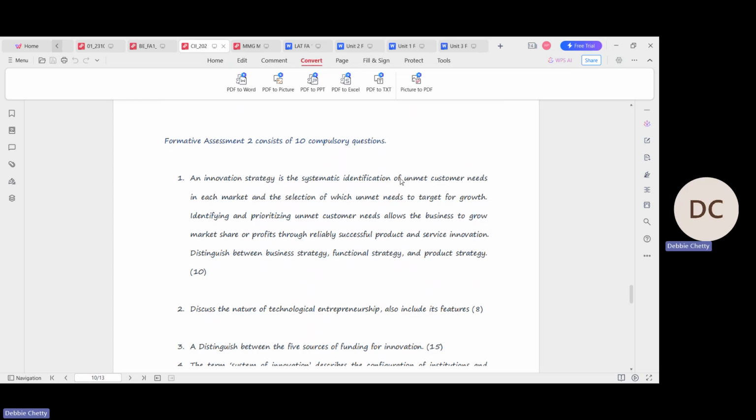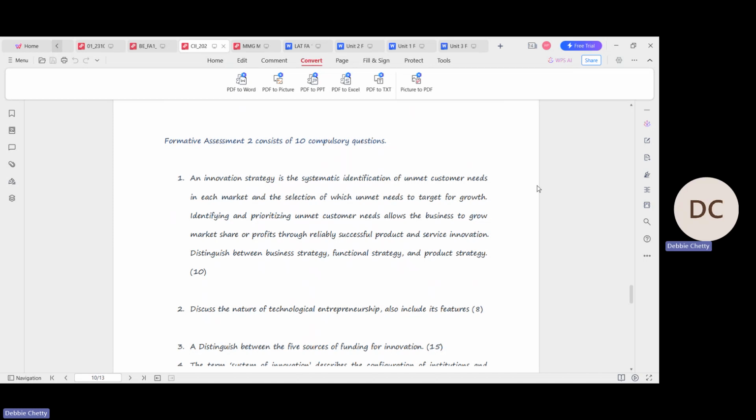Question one says an innovative strategy is the systematic identification of unmet customer needs in each market and the selection of which unmet needs to target for growth. Identifying and prioritizing unmet customer needs allows the business to grow market share or profits through reliable, successful product and service innovation.